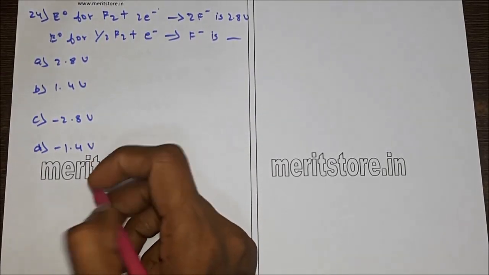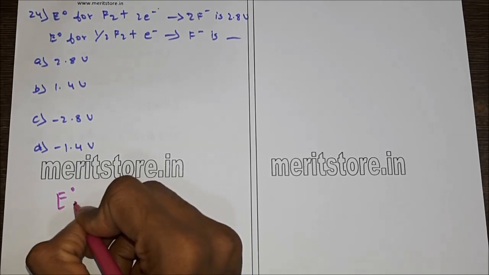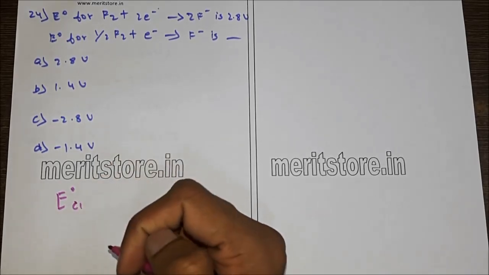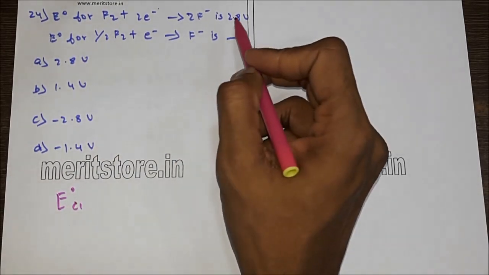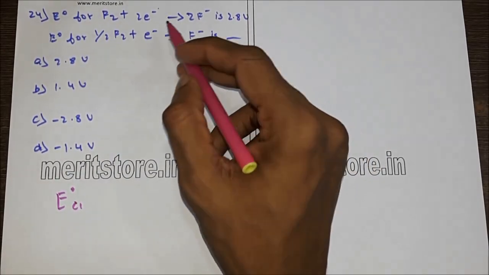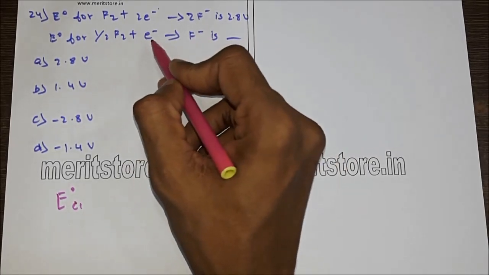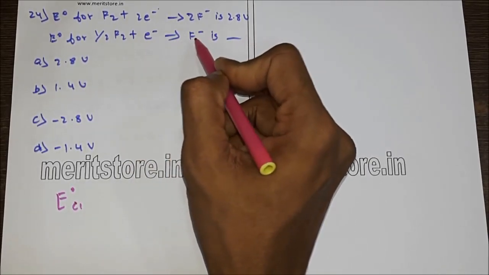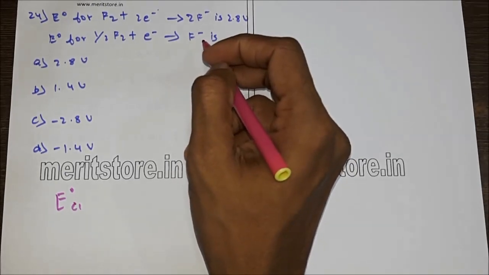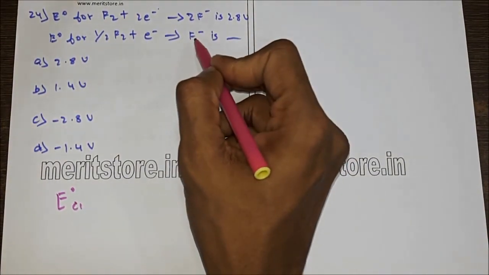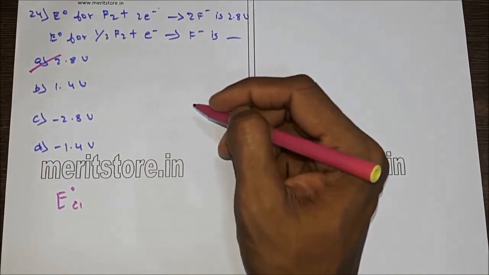Therefore, the standard potential is always fixed or constant. Therefore, the value of 2.8 volt for F2 plus 2e to 2F- is the same for half F2 plus e, which gives us F-. That is, we see A, 2.8 volt, as the correct answer.